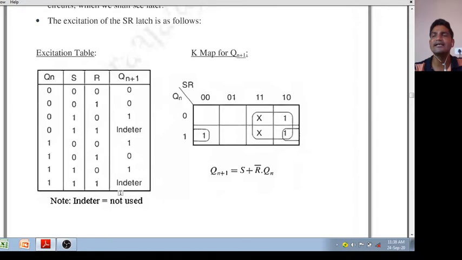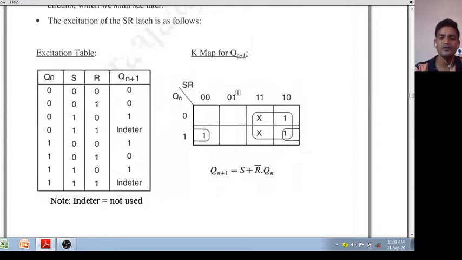In excitation table, later on we will see how to draw excitation table. In excitation table, with the help of present state and next state, we determine the value of flip-flop inputs. Means with the help of Qn and Qn plus 1, we will determine the value of S and R. This is the basic difference between excitation table and characteristics table of flip-flop.